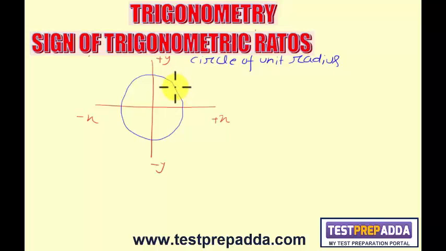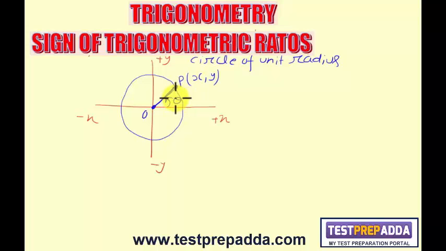now consider a point P on this circle. Coordinates are x and y. Let this origin be O and let this OP make an angle theta from the x-axis.